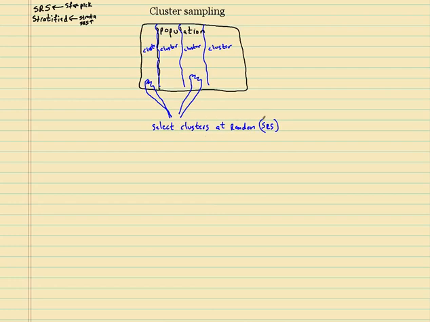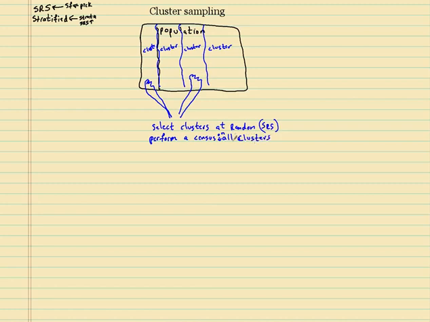You select the clusters, the groups, at random using an SRS, and then we perform a census. If you recall, a census is where we go ahead and gather all the data. We perform a census on all clusters.